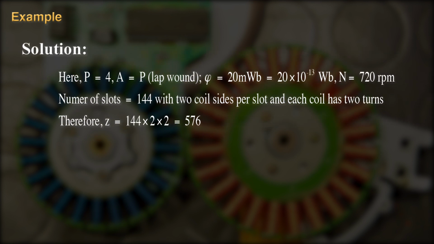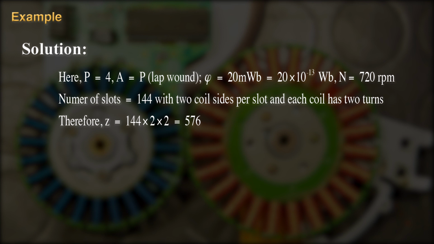So the first step is to extract all the parameters given in the question. Here you can note down that number of poles is given as 4, and number of parallel paths is equal to number of poles because it is lap wound, and flux is given as 20 milliweber. So phi is equal to 20 into 10 to the power minus 3 Weber, and speed is given, that is capital N is equal to 720 rpm.